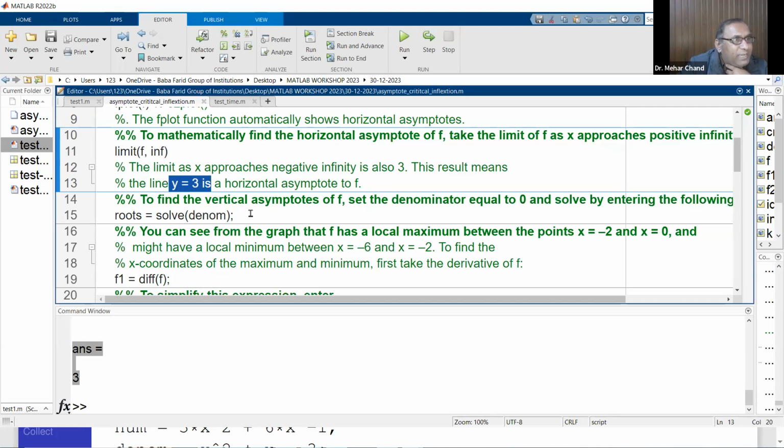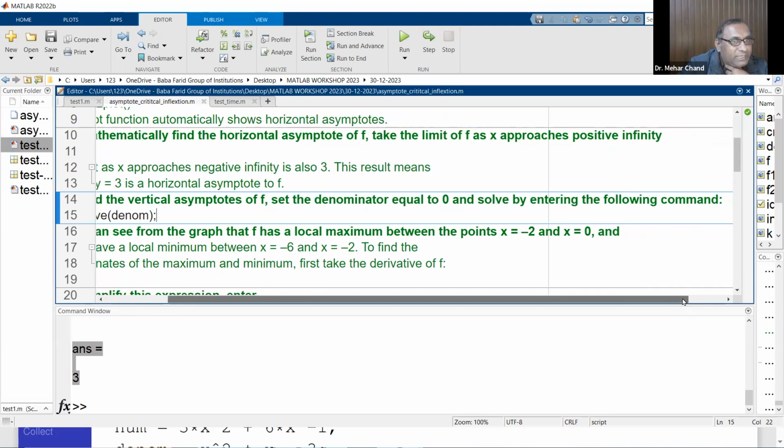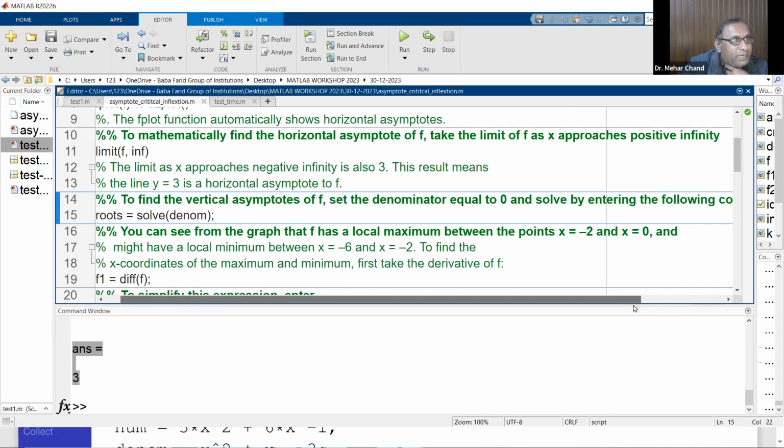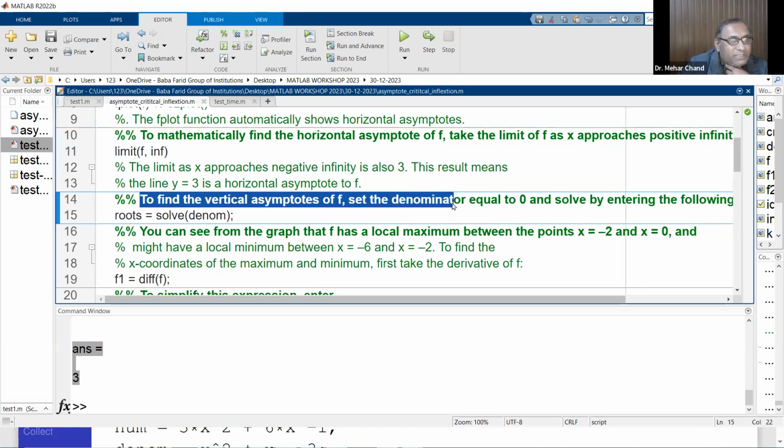Now, if you want to find the vertical asymptote, this is the next level, because the asymptotes will be vertical and horizontal. So all types you can calculate. To find the vertical asymptote of f, set the denominator equal to 0, and solve by entering the following.